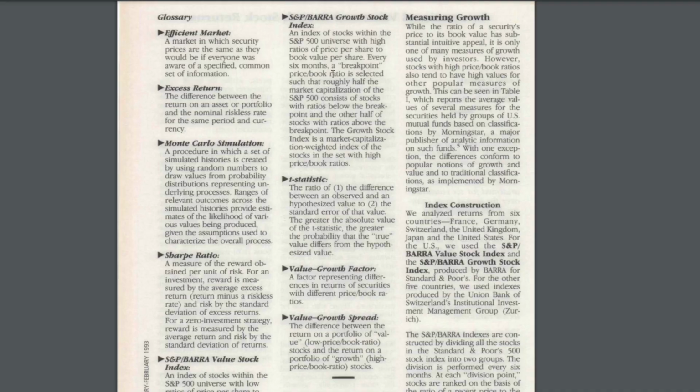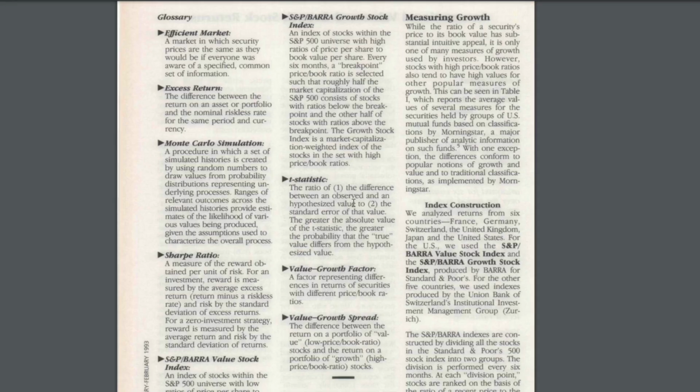S&P Barra is just the S&P, and the Barra was just the popular index to use at the time. It's still publicly available. I forget what exactly it is, but it's within the S&P 500 universe. It's just a little more focused on value and growth indexes.